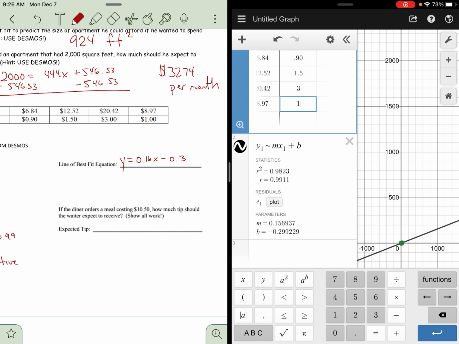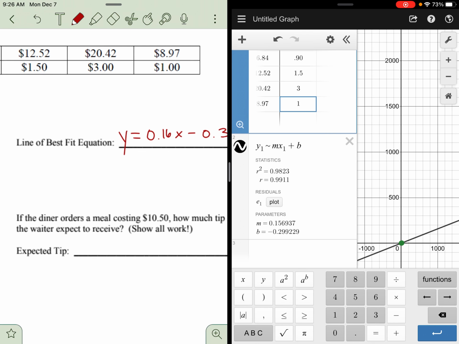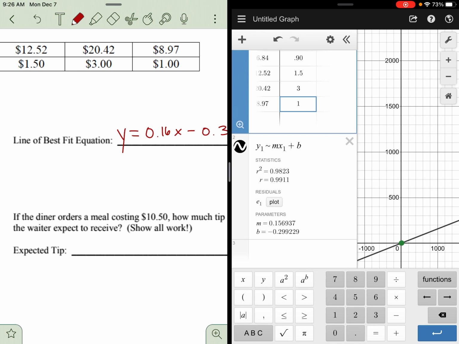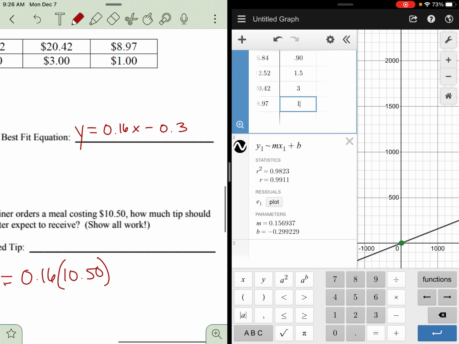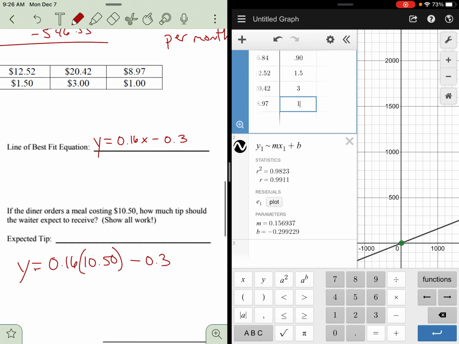And lastly, it says if the diner orders a meal costing $10.50, how much tip should the waiter expect to receive? Show your work. According to this, we would plug it in: 0.16 times 10.50 minus 0.3.